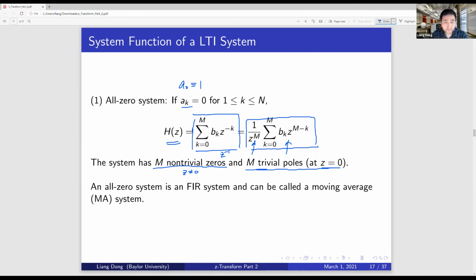Why is that? Well, for this, if I do an inverse Z transform, it's very simple. I'm trying to transfer this back to h[n].